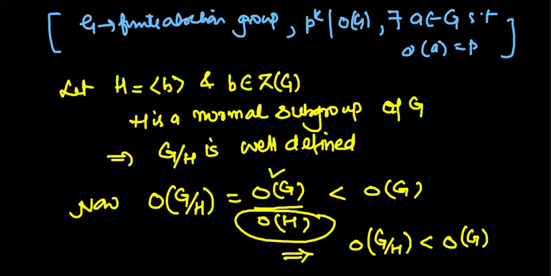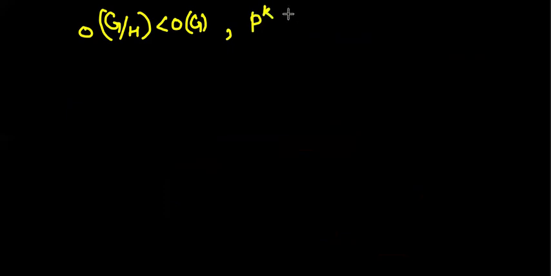So we have got order of G mod H is less than order of G, and p^k divides order of G.